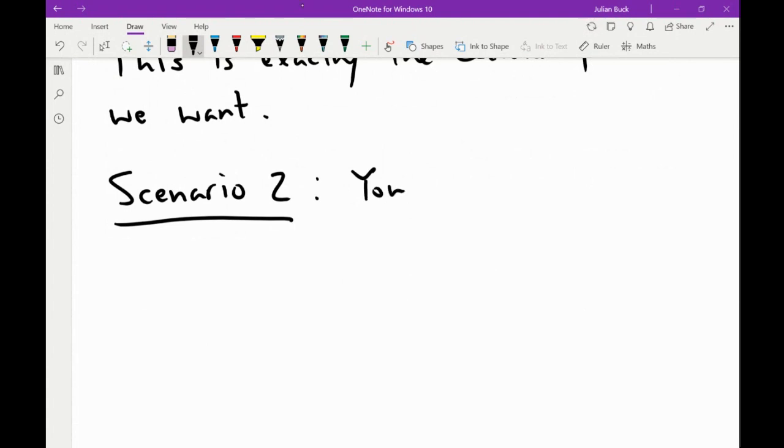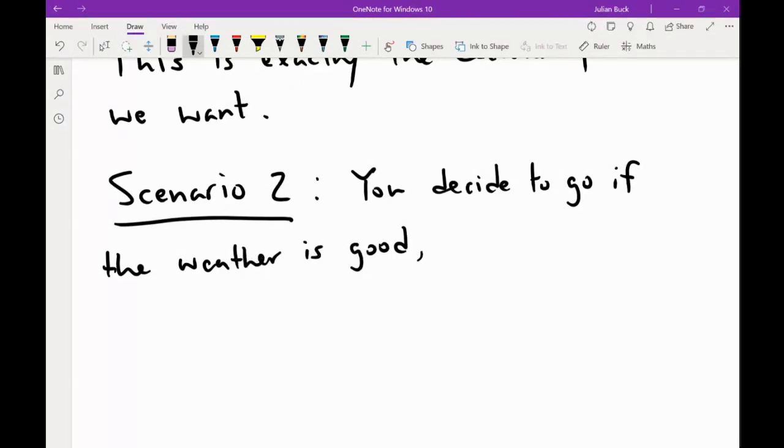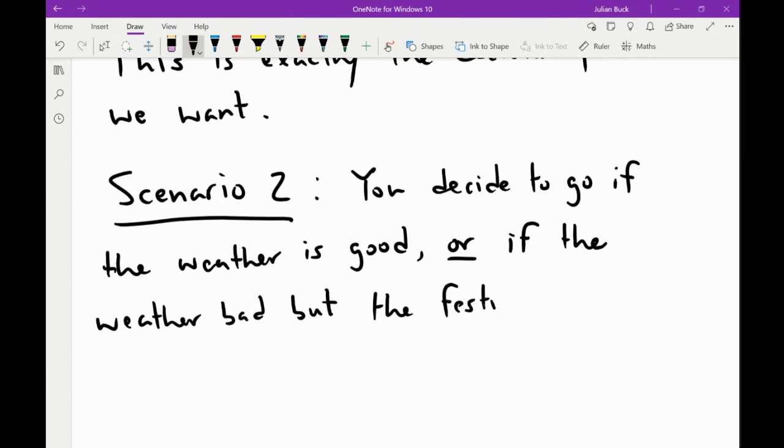Okay, so scenario 2 is going to be the following. You decide to go if the weather is good. Or, okay, so now we have another possibility. If the weather is bad, but the festival is both accessible by transit and has food available.